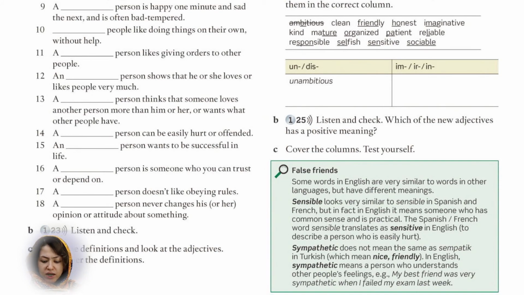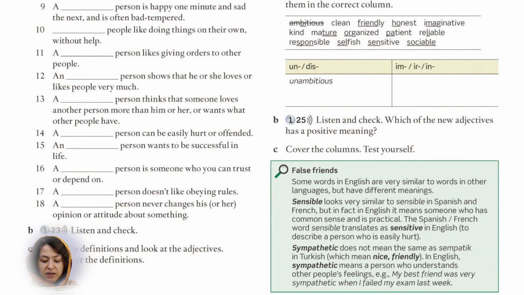But in some languages, they are different. Sensible in French and Spanish means sensitive. But sensitive is different. In English, sensitive means delicate, a person who pays attention to his or her own feelings, or others' feelings. And sensible means a logical person, a person who thinks based on logic and reason.